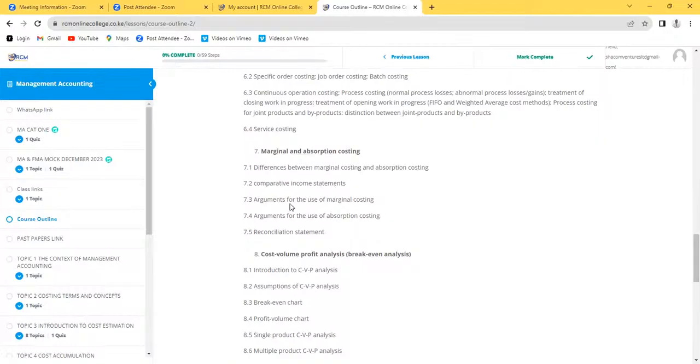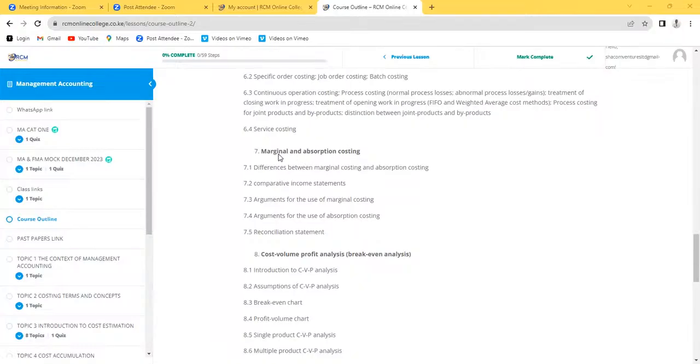Here in the course outline, let's be clear on this. In 7.3, you are being told to give arguments for the use of marginal costing, then arguments for the use of absorption costing. But if you go to April 2023, you'll find that the examiner is telling you to give 4 disadvantages or arguments against marginal costing.